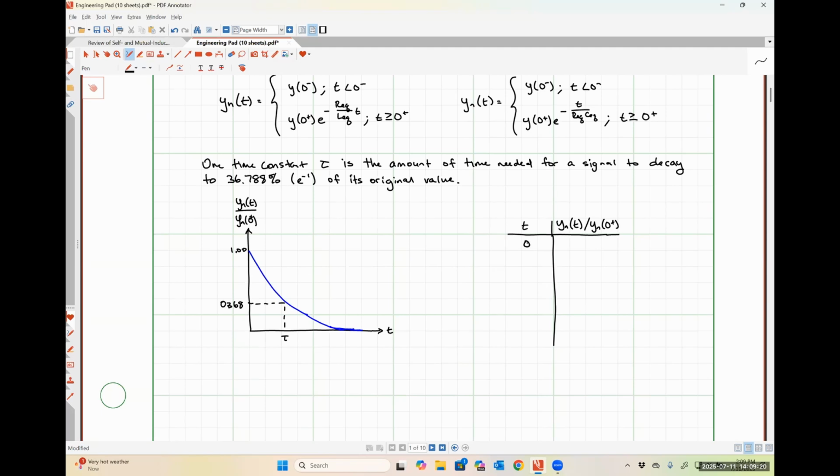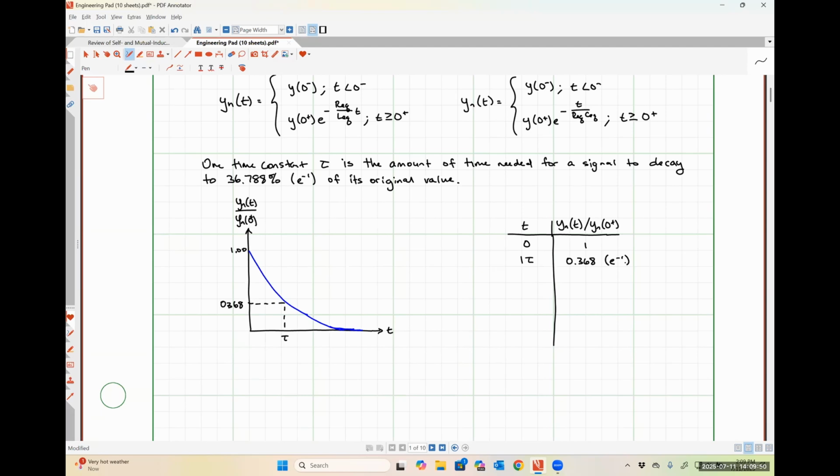At 0 time constants, no time has elapsed since our switch changed states, so this ratio is exactly 1. At 1 tau, we have 0.368, which is just e^(-1).